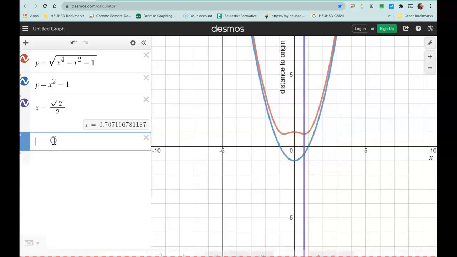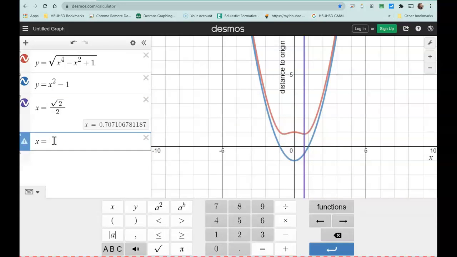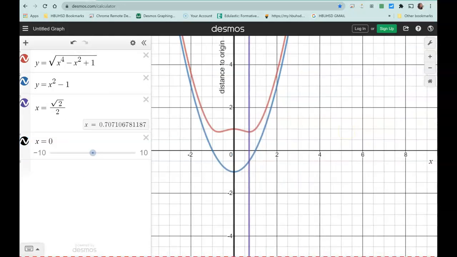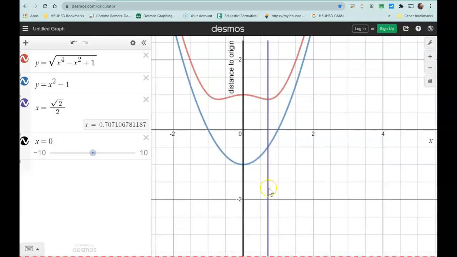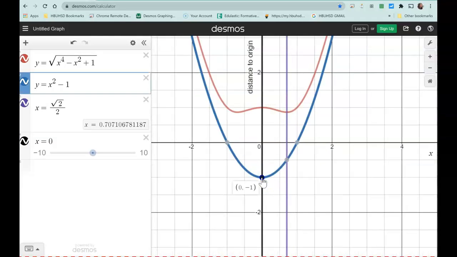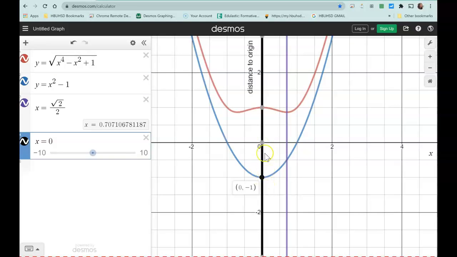Okay, so what if we go, okay, when x equals 0. When x equals 0, on the blue, remember the blue is the parabola, and we looked at it earlier. Okay, so from this blue curve to this origin, that should be 1 unit long. But we can also just go straight up to the distance formula, which is in red, and see that the y value, remember y value represents distance to origin, is 1 when x is 0.